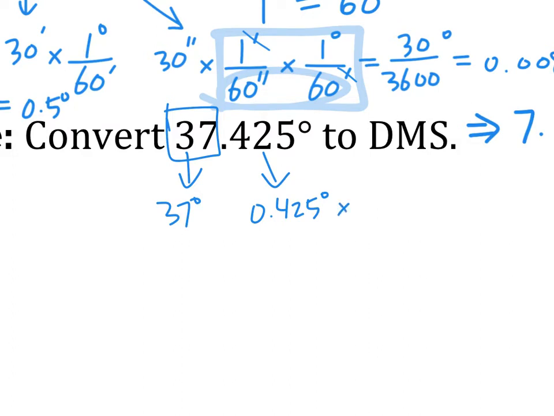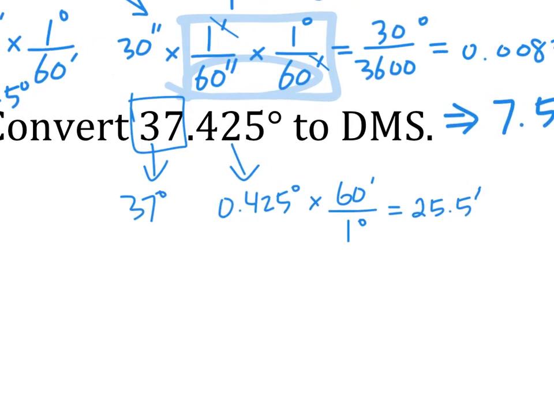Okay, so what do I have to multiply in order to change from degrees into minutes? Remember, the degrees have to cancel. Somebody over here. 60 over 1, yes. 60 minutes over 1 degree. All right, figure out what that is. 25.5 minutes.